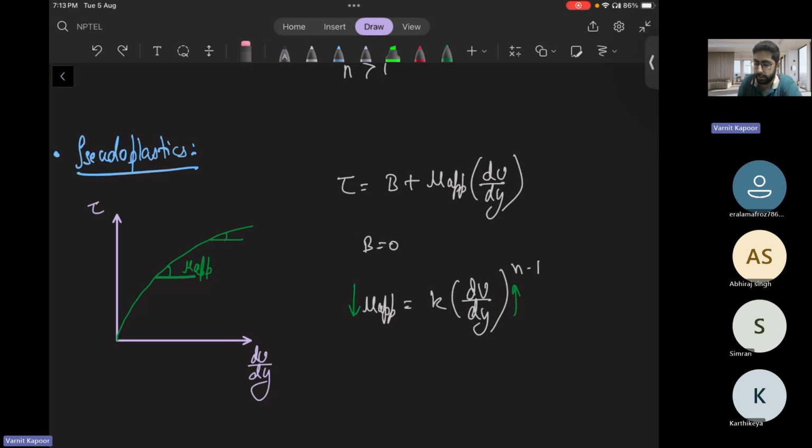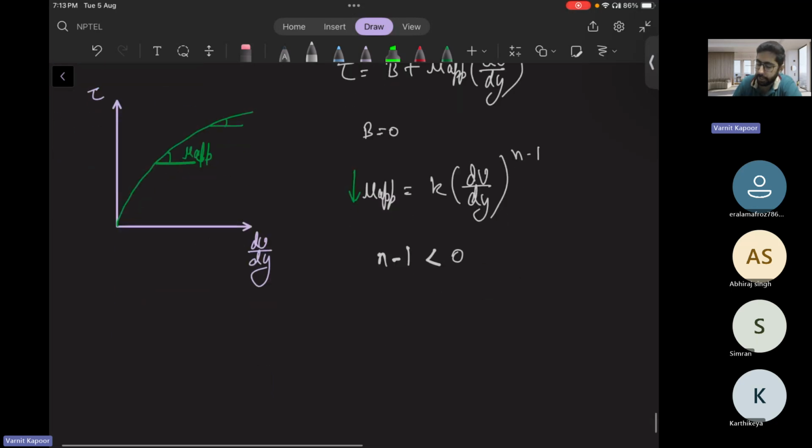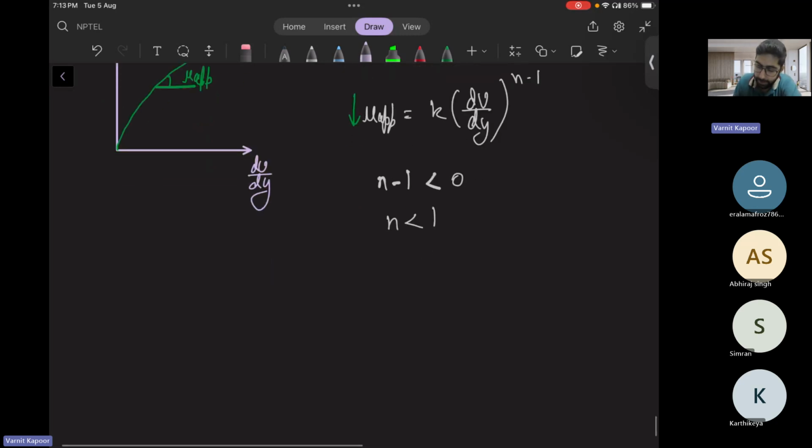Less than 0. Your n minus 1 should be less than 0, so n is less than 1. So what are the examples of this kind of fluid? If you see your blood, milk, polymer solution or colloidal solutions.